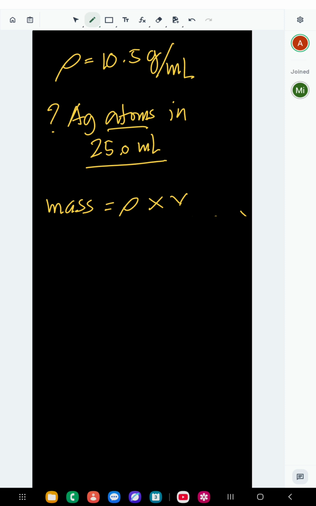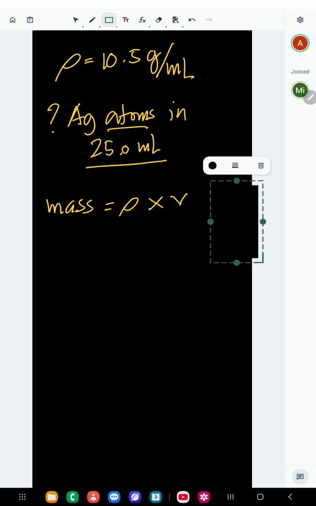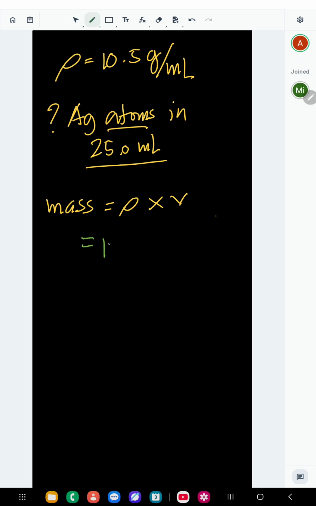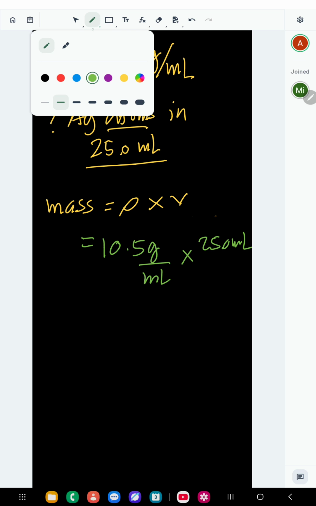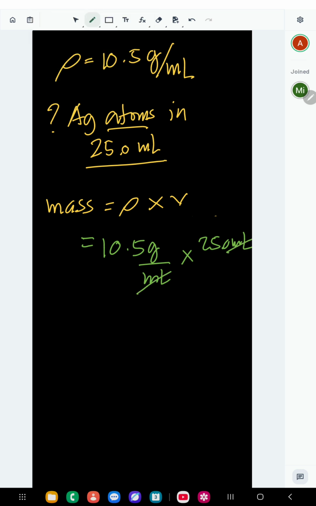Just work on the units and make sure to cancel those units that you don't need and leave the unit that you need. So we need the mass here. So we multiply the density, 10.5 grams per milliliter, times the given volume, 25 milliliters. That cancels out the unit milliliters, and we'll be left with grams.